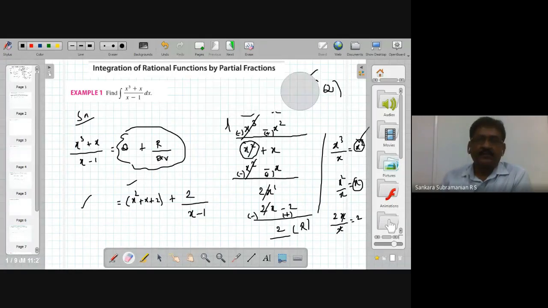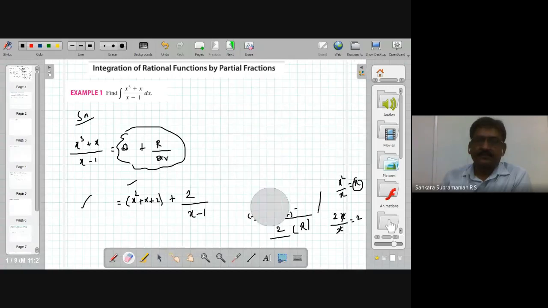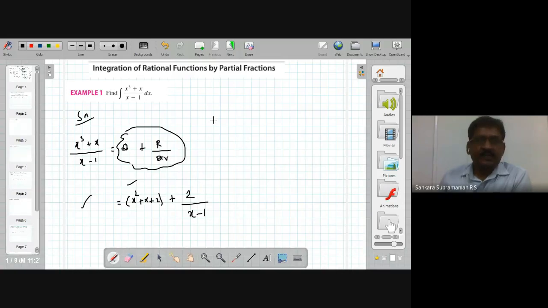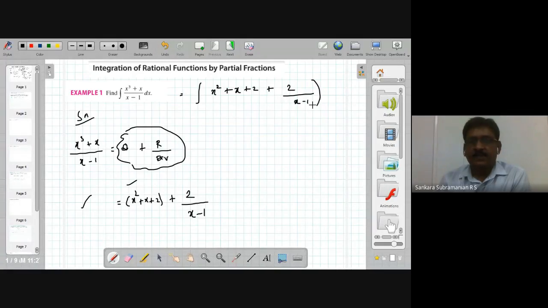So the answer could be, therefore, this is equal to the integral of x square plus x plus 2 plus 2 by x minus 1 into dx.